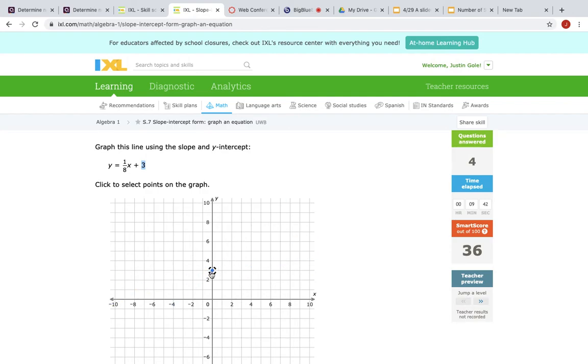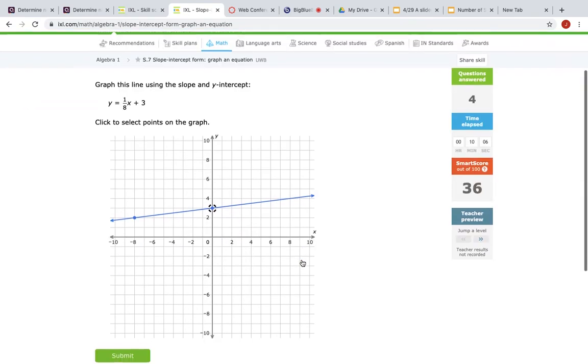So if I am plotting it and I want to go backwards just to practice, instead of making two positive moves, I'm going to make two negative moves. 1, 2, 3, 4, 5, 6, 7, 8. That way I still have that positive going up slope. So when I have a positive slope, I can either make two positive moves and go forward and up, or make two negative moves and go down and backwards.